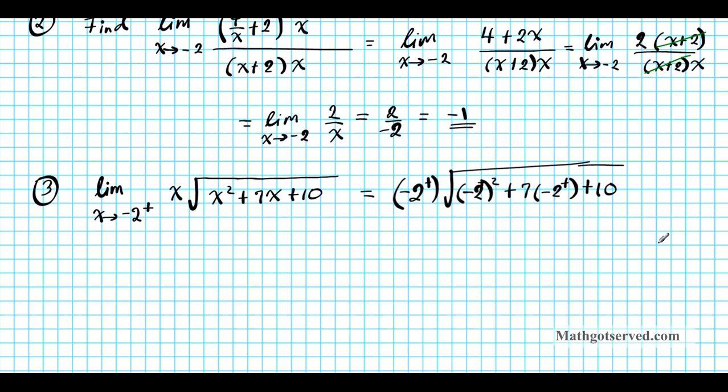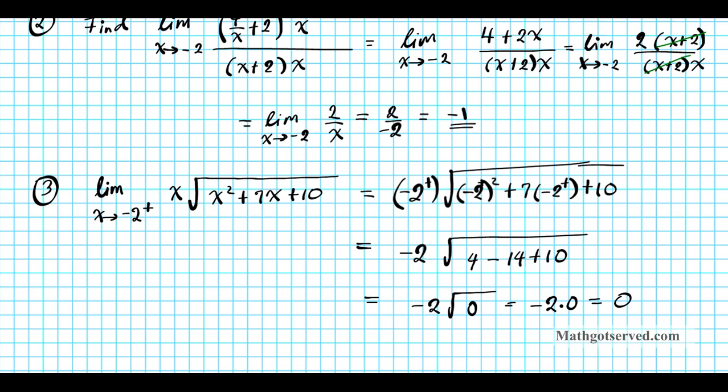We can write this as negative 2 times the square root of negative 2 squared is 4, 4 minus 14 plus 10. If you simplify this entire expression, you have negative 2 times 4 minus 14 plus 10 is 0. And your final answer is negative 2 times 0, which is 0. So there you have it.